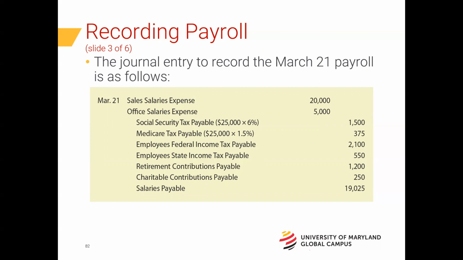These payables are then remitted to the respective taxing agencies: Social Security, Medicare, federal, state, retirement, charitable, and then we credit salaries payable. The salaries payable, that's the net pay to the employees.